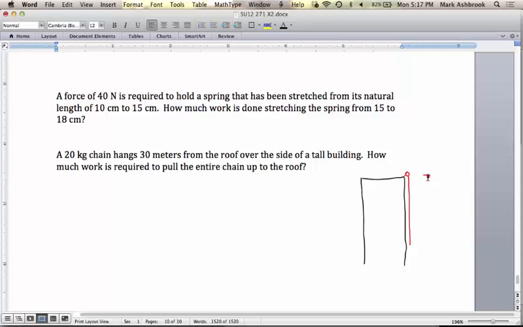This is a 30 meter long chain, and the chain's total mass is 20 kilograms.